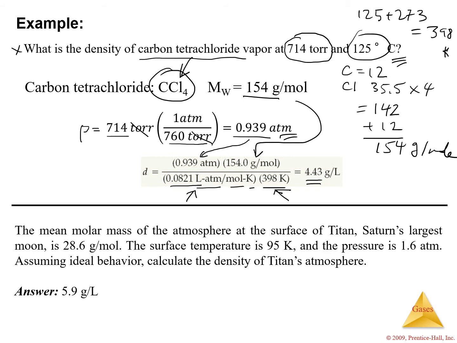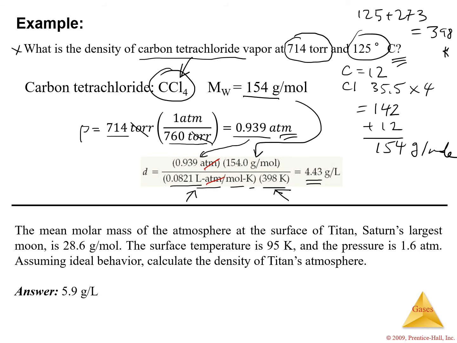That's the density of that carbon tetrachloride. What I really wanted to comment on is the cancellation of the units. So indeed, the unit you're supposed to see is grams per liter. We convert the pressure to atmosphere to be able to cancel the units with the R constant.